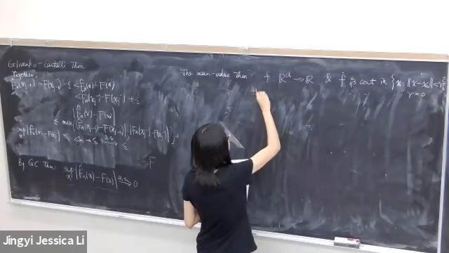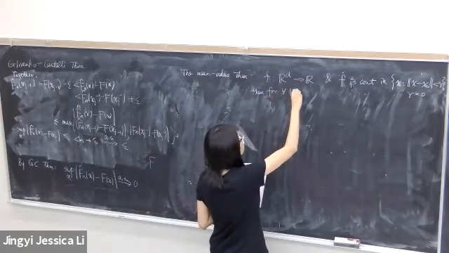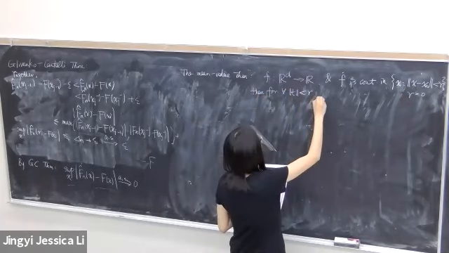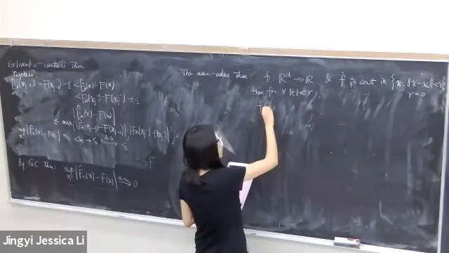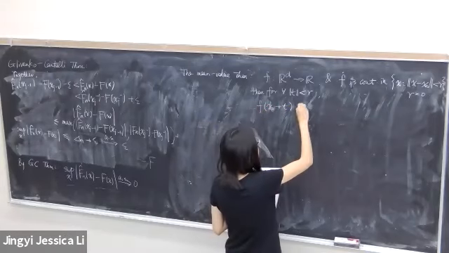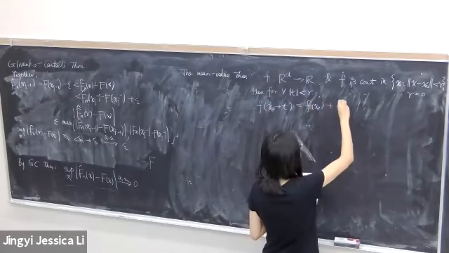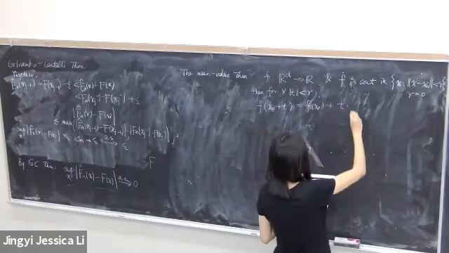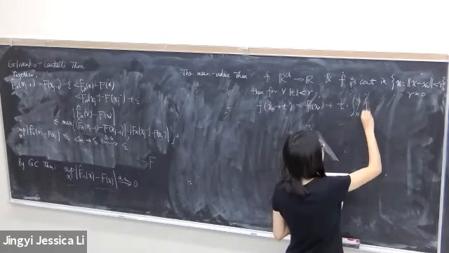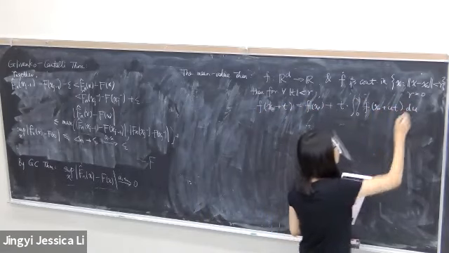Then for any t whose norm is less than r, we have f(x0 plus t), still in the neighborhood of x0, equal to f(x0) plus the integral, with u from 0 to 1, of the gradient at x0 plus ut du, times t.